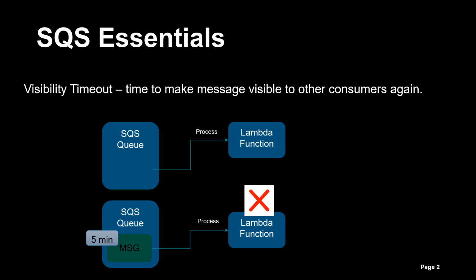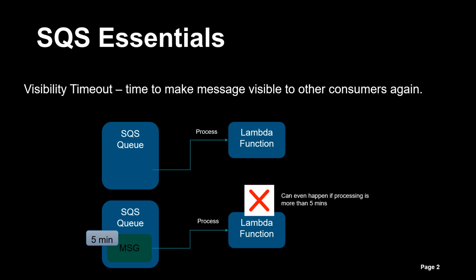So, which means that your message will have 2 more minutes because the total visibility timeout is 5 minutes, which means that after 5 minutes are completed, your message will become visible again, so that it gets redistributed to a Lambda function again, right?